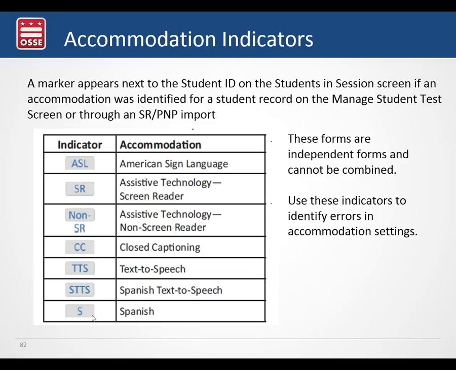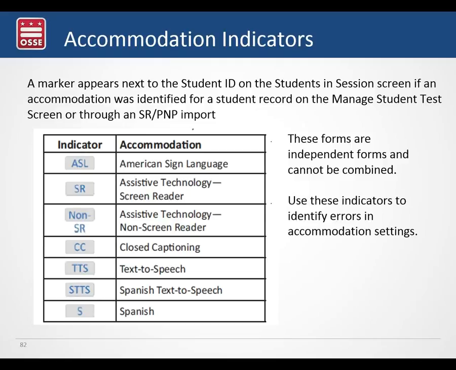So when you prepare the session, if the student registration was up to date and the correct accommodations were selected in the test registration, then these indicators will appear in the test session next to the student's name.